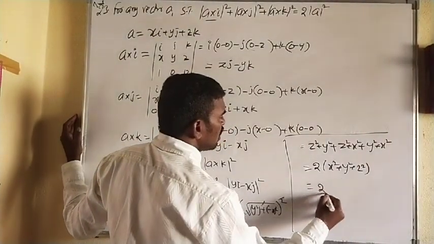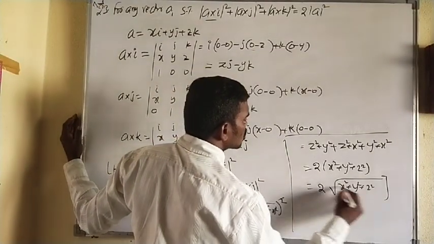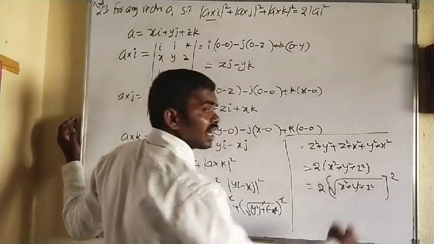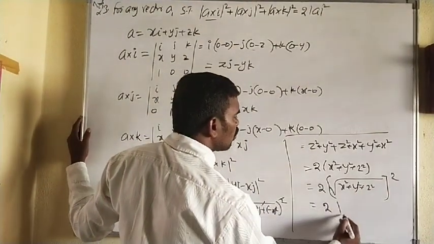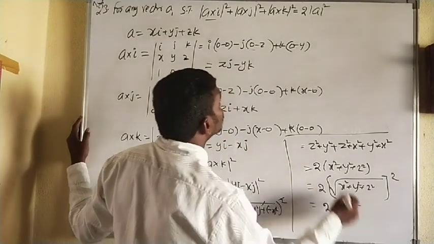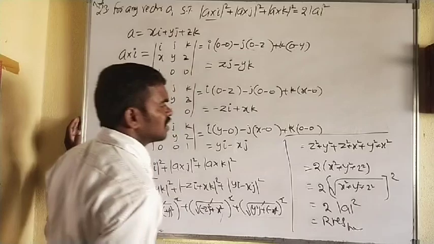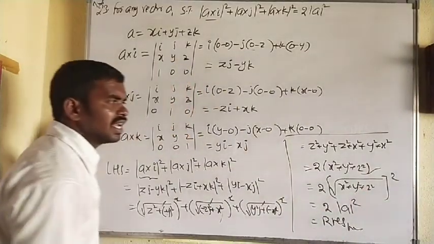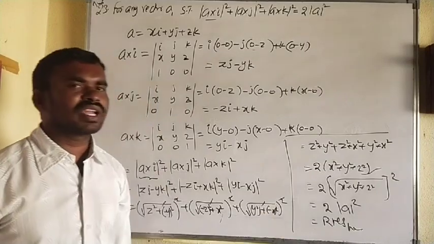So 2 into, we can write, root of x square plus y square plus z square whole square, squaring and square rooting. Why? Because this is nothing but modulus A, and whole square means whole square. Got it? So this is the RHS. Hence proved. Otherwise you can leave the answer here, take the RHS and simplify, and you will get the same answer. Then also we can write LHS equal to RHS and proved.